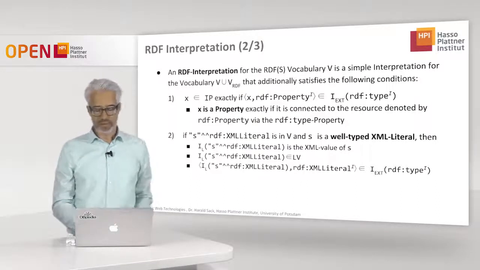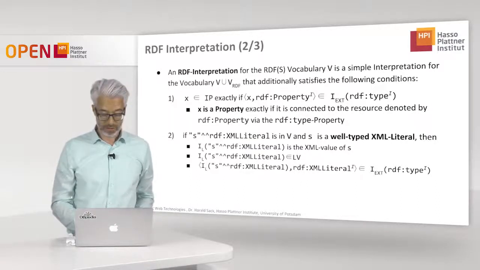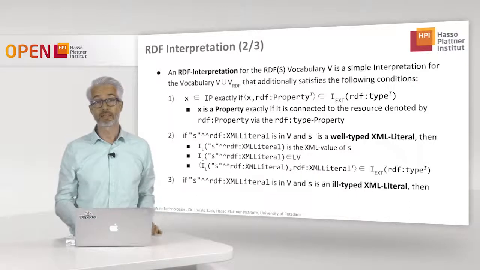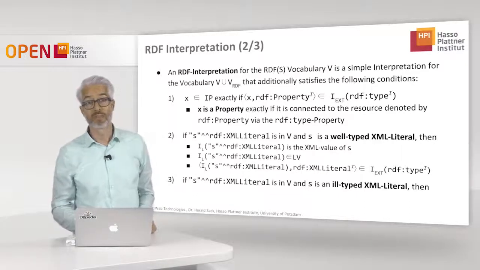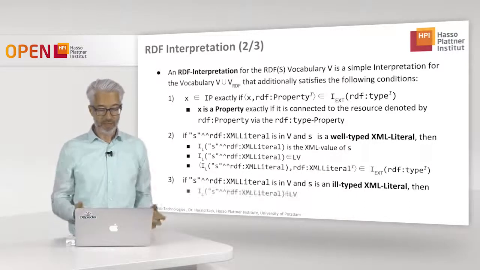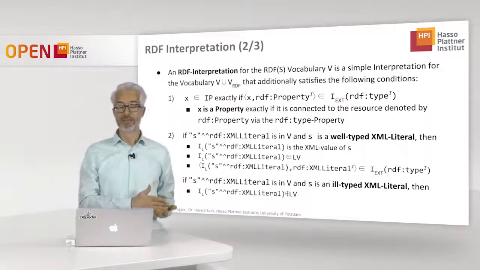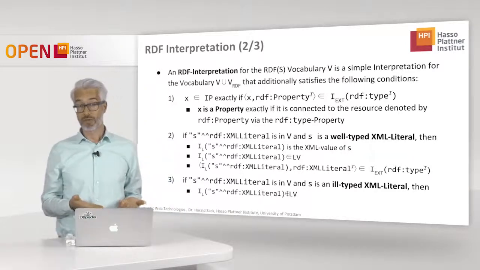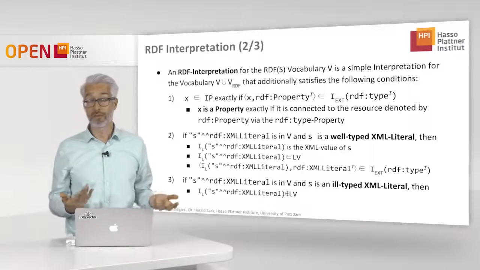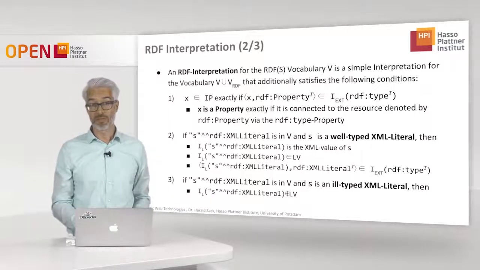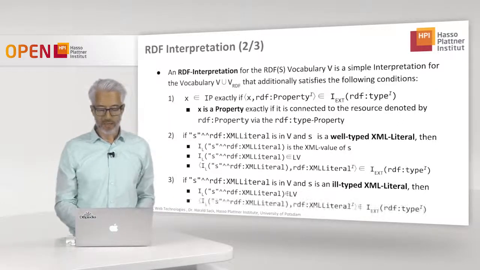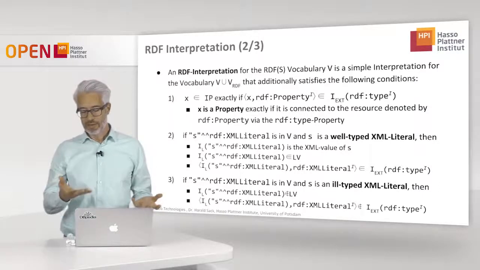Okay, so we have taken care of well-typed XML literals. Of course, they can also be ill-typed. Then you have a problem, because you have to make clear that if I apply the interpretation function, it's not a valid part of our set of literal values. It's not a member of that, and it's also not part of the mapping function.